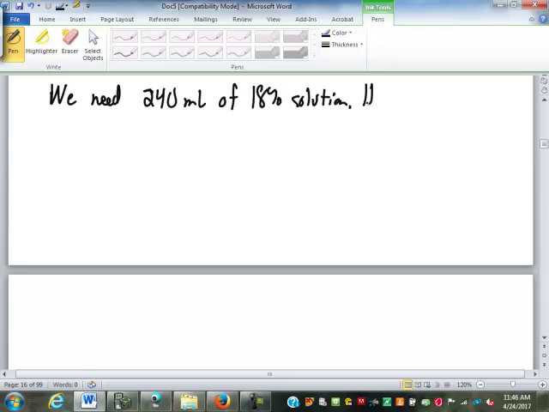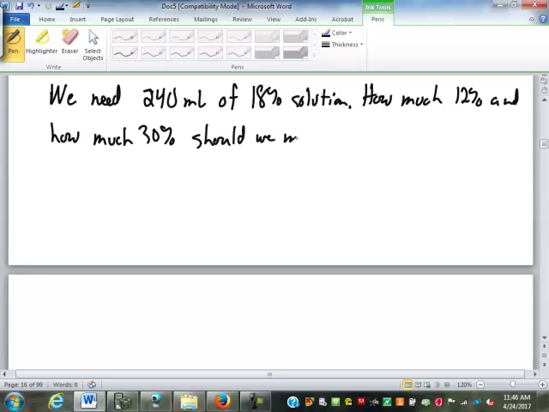We might have asked how much 12% and how much 30% solution should we mix to get that 18%. Well, what we did, we mapped it out as we have 12% and 30%, and we're mixing to get that 18%.